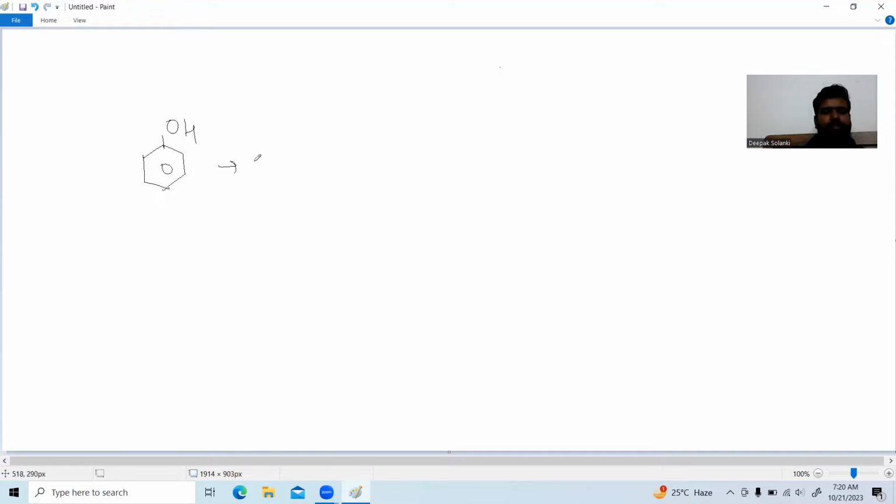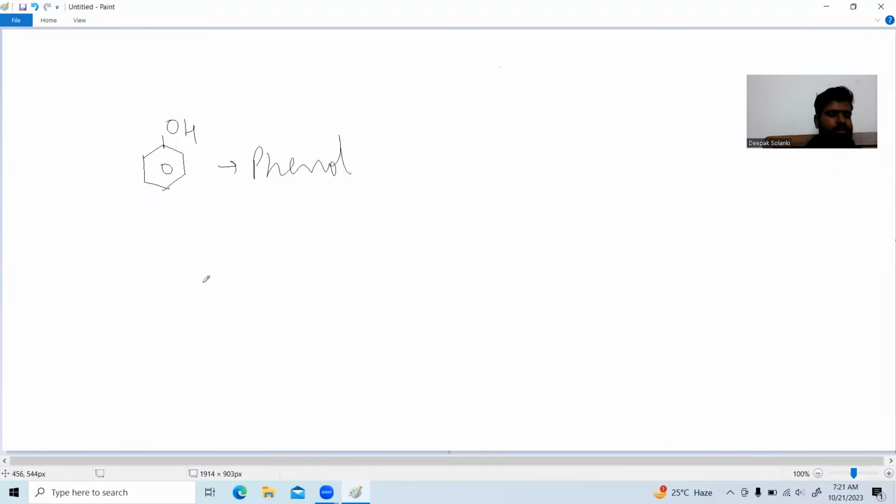This will be the phenol. And what will be the suffix used in phenol? It is ol, and we have benzene and you have to write the OH group. Okay, this is the phenol, we can say.